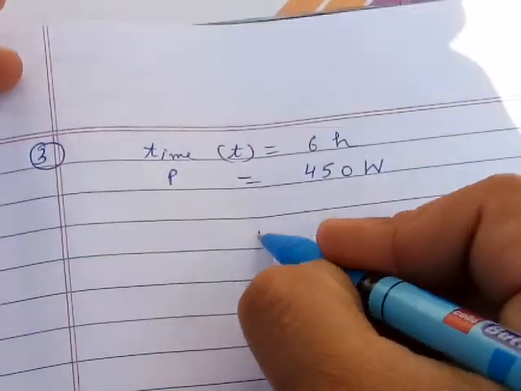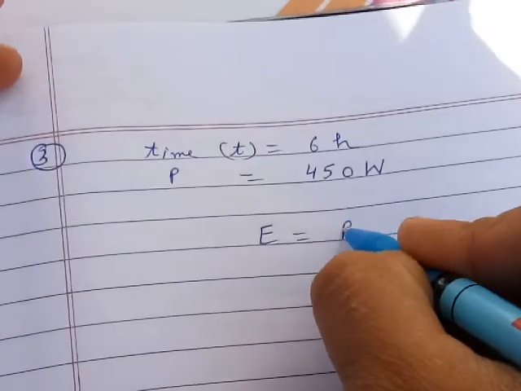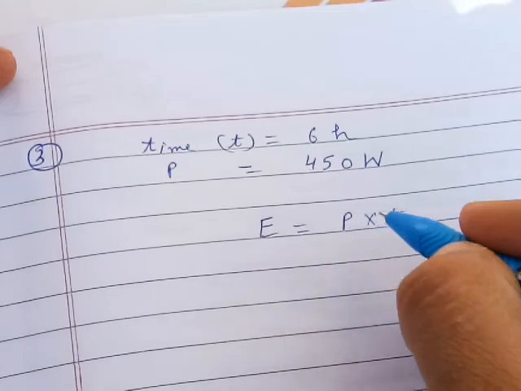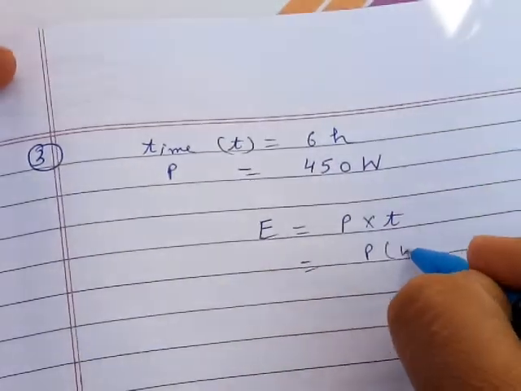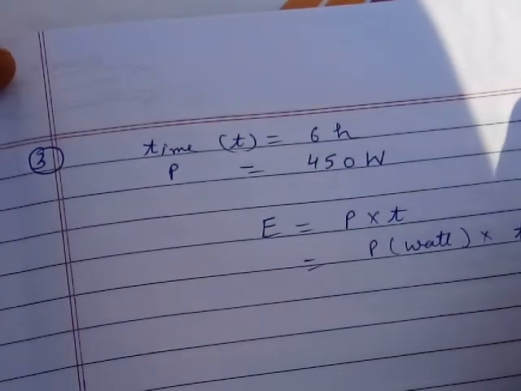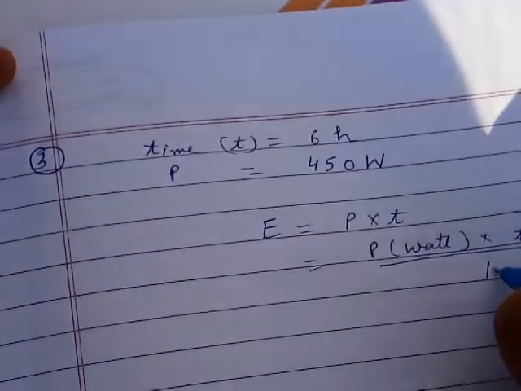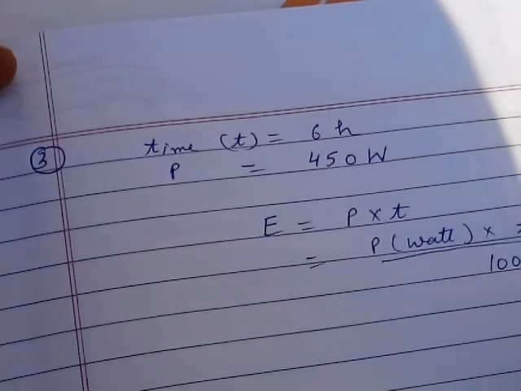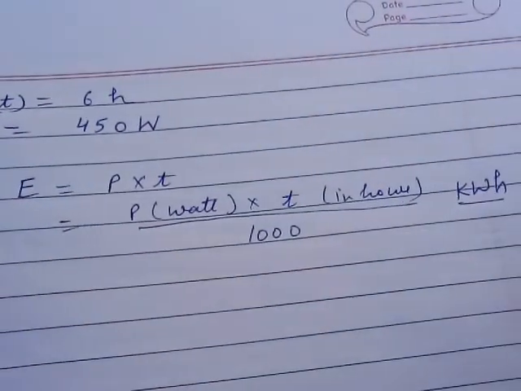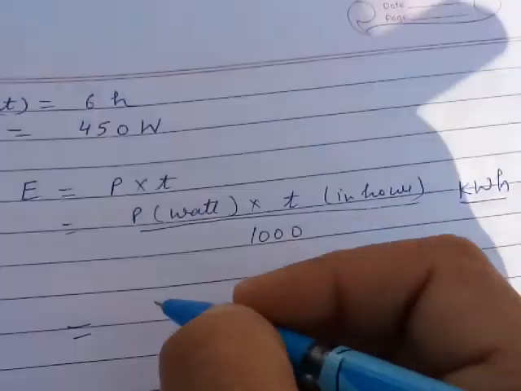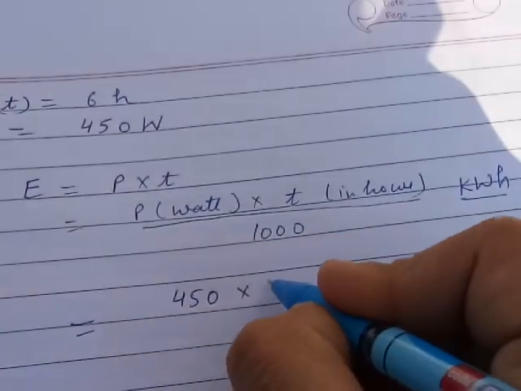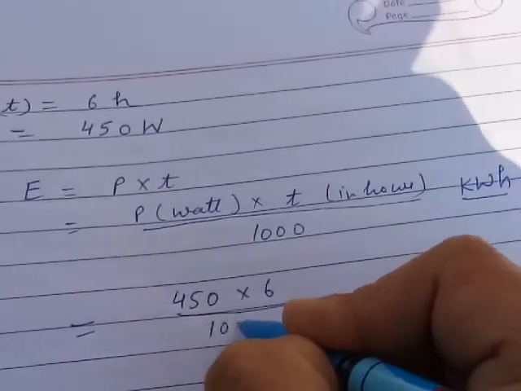Now as we know that energy is equal to power into time. Okay, now we have power in watt into time in hours divided by 1000, then it becomes kilowatt hour. Kilowatt hour is equal to power in watt, 450, into time, 6, upon 1000.